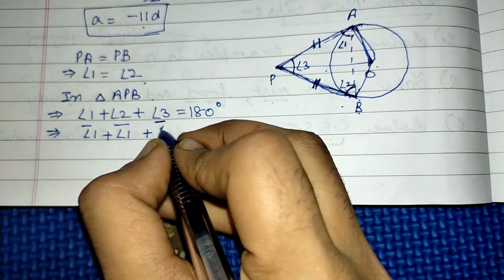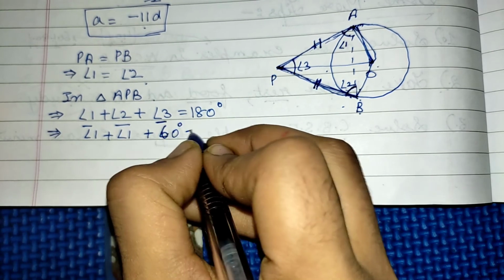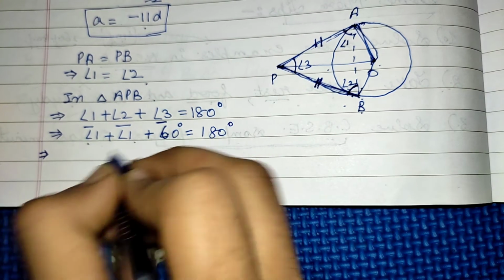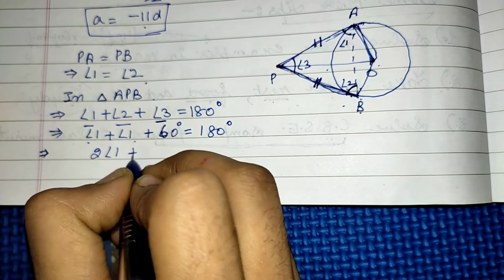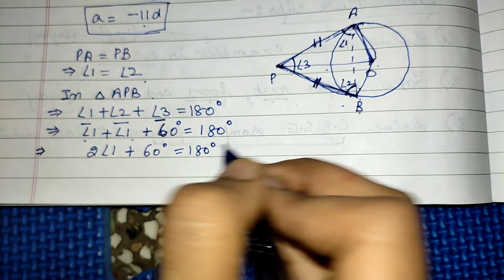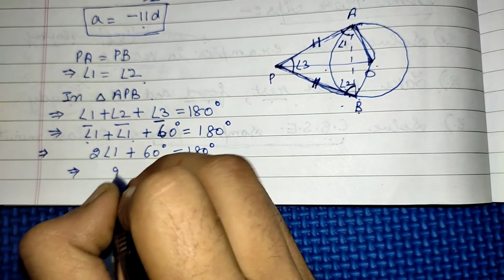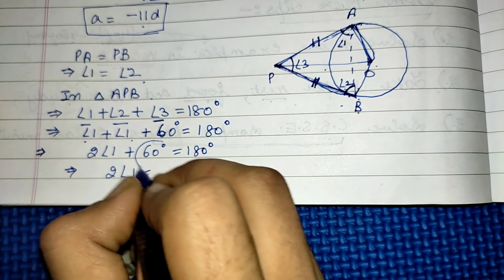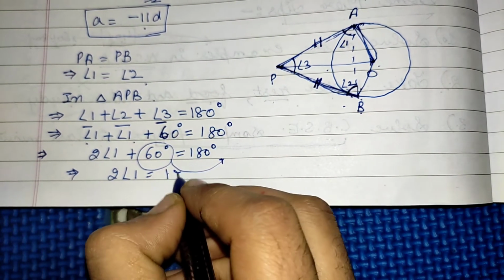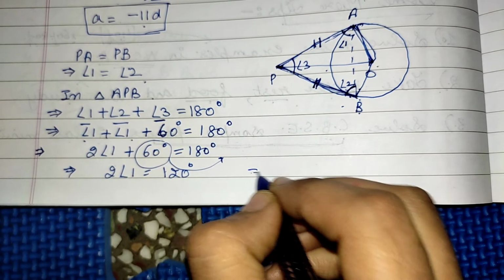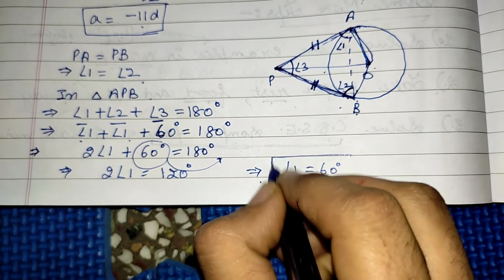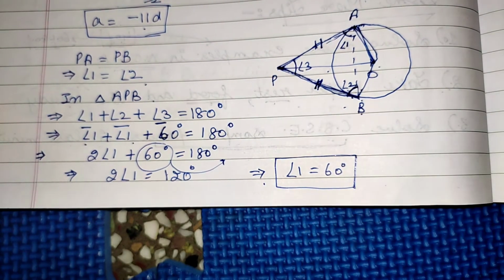Angle 3 we have found, this is equal to 60 degrees, equal to 180 degrees. 1 plus 1 will become 2 times angle 1, plus 60 degrees is equal to 180 degrees. So this 60 goes to the right hand side, it will be subtracted. So 180 minus 60 will be equal to 120. So my angle 1 will be equal to 60 degrees.